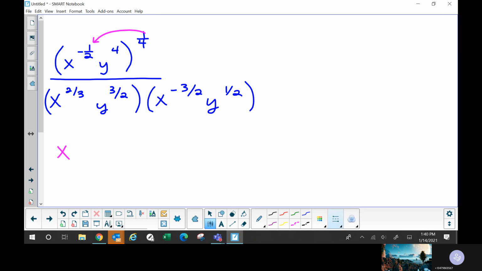When you multiply those exponents, -1/2 times 1/4, you should get -1/8. And then on the top, 1/4 times 4 for the y. That's just 4/4, which is just 1. So on the top, so far, I've got x to the -1/8, y to the first, or just y.